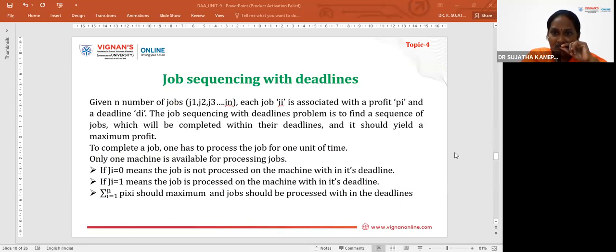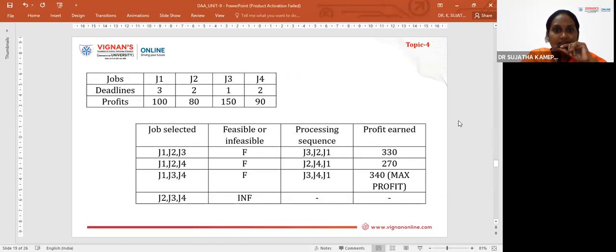Now here you can see an example. The problem is given 4 jobs, J1, J2, J3, J4, and the deadlines of the 4 jobs are given as 3, 2, 1, 2, and the profits are given as 100, 80, 150, and 90.